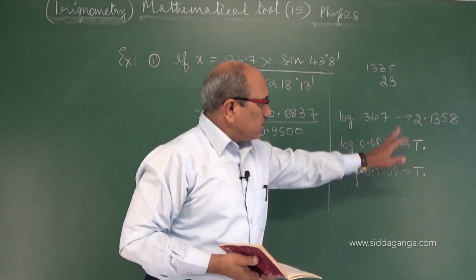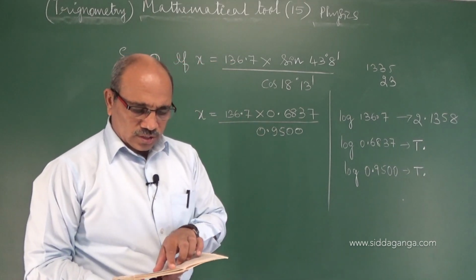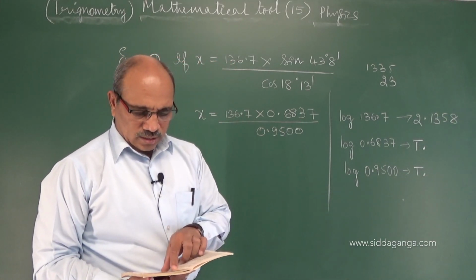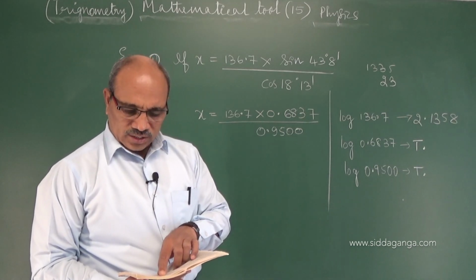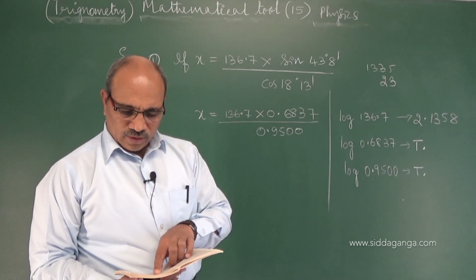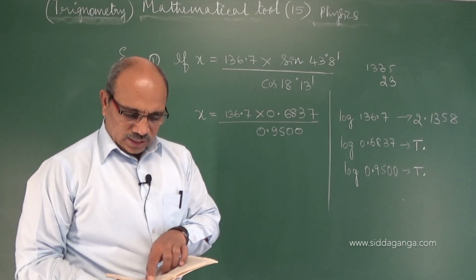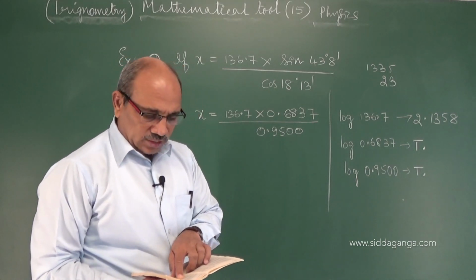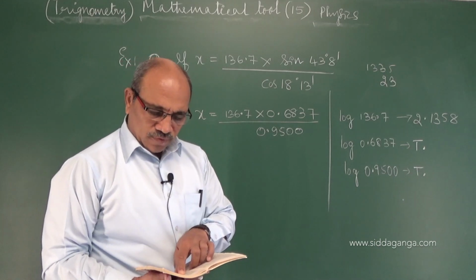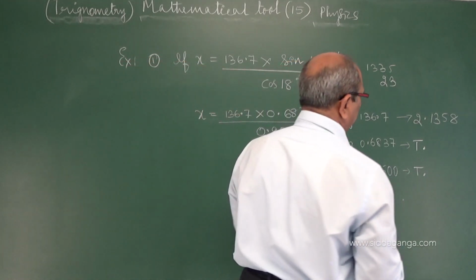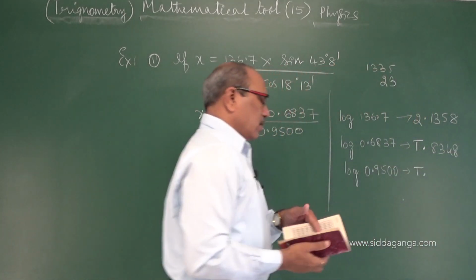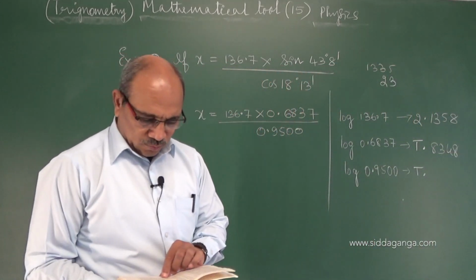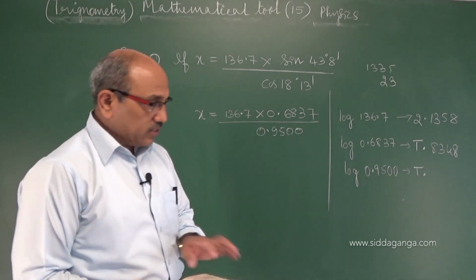Similarly 6837: 6 8 3 4 4 plus 4 is 8 3 4 8. And for 9500, 9777.